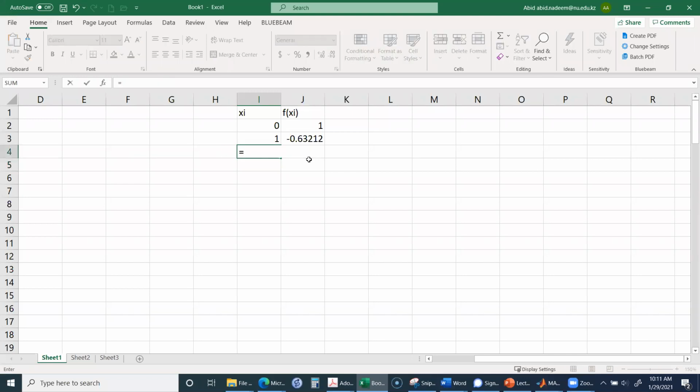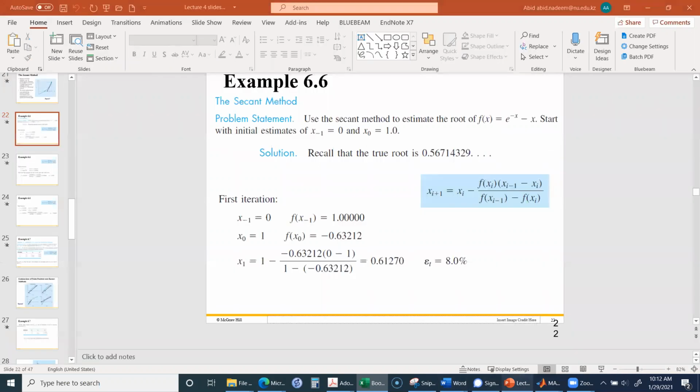Okay, so I try it again. If you see the formulation is here, I take xi minus this function, then the difference in the x values divided by the difference in the values of the function. So I try again.